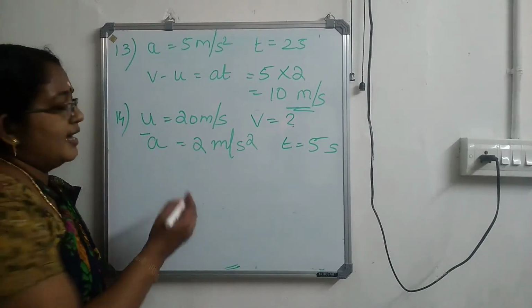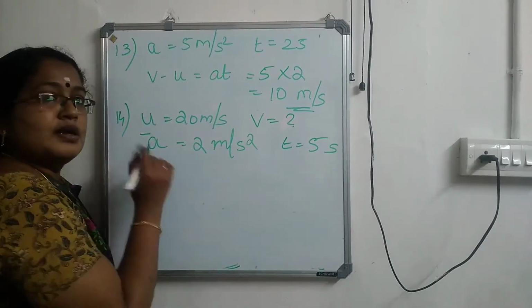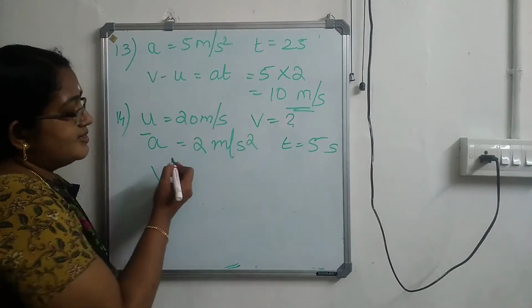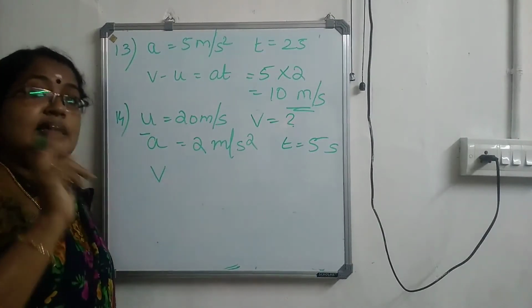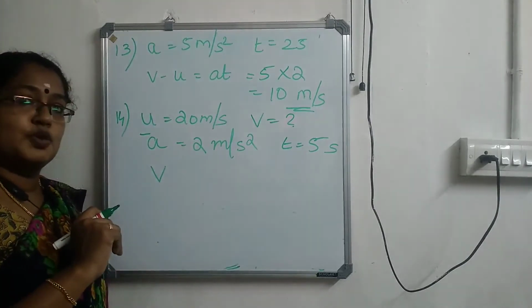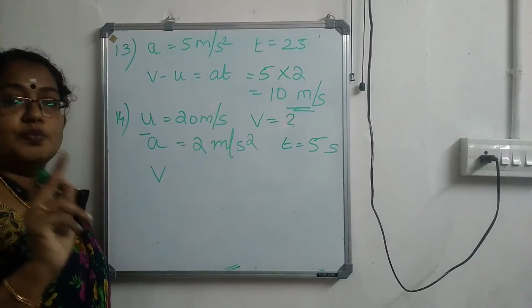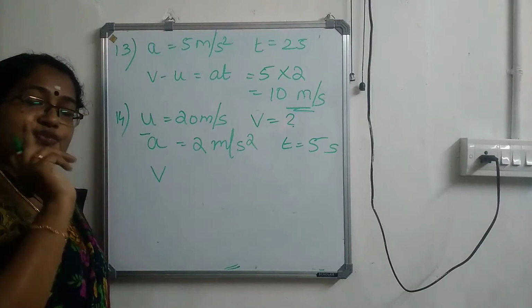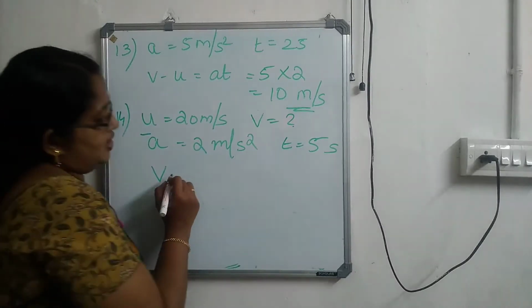So, same equation can be used. What is that? A equal to V minus U by T, or it is easier to use the first equation of motion. What was our first equation of motion? V is equal to U plus AT. Now, this is retardation. So, which was the equation in the case of retardation?